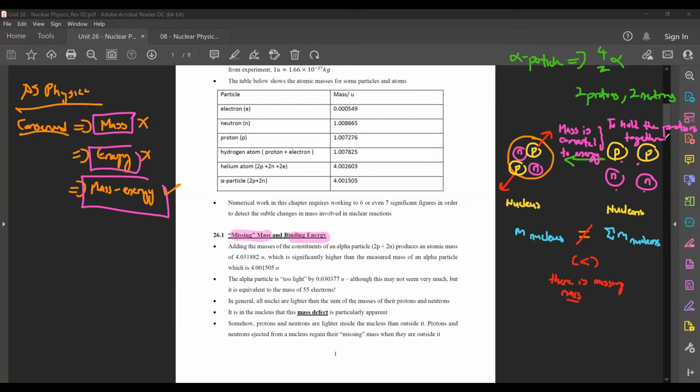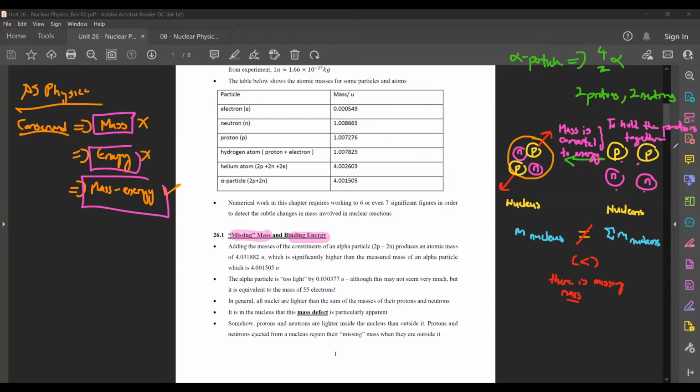Right? So the idea is just that protons have repulsion. If you bring them close together inside the nucleus, they will repel each other off. So something must be holding them in place. Some sort of work must have been done. Some sort of energy must have been expended in order to hold them in place.